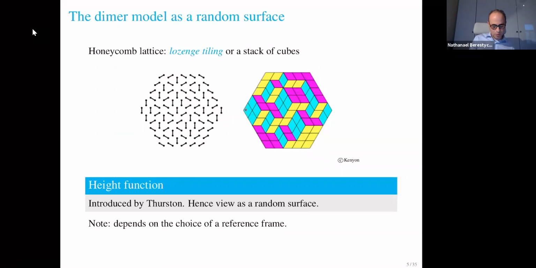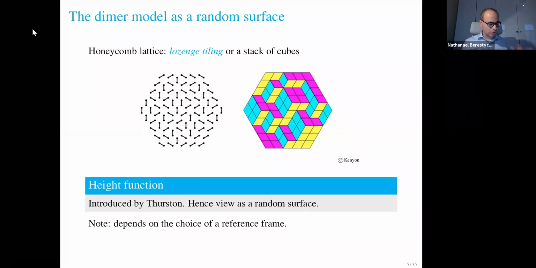I have to declare what is the height 0, and for me, I'm going to take it to be, let's say, this hyperplane here. That's a bit of a choice of what is the reference frame. But once you have this reference frame, you can measure a notion of height. So at every point, what is the height of the stack of cubes that you see?